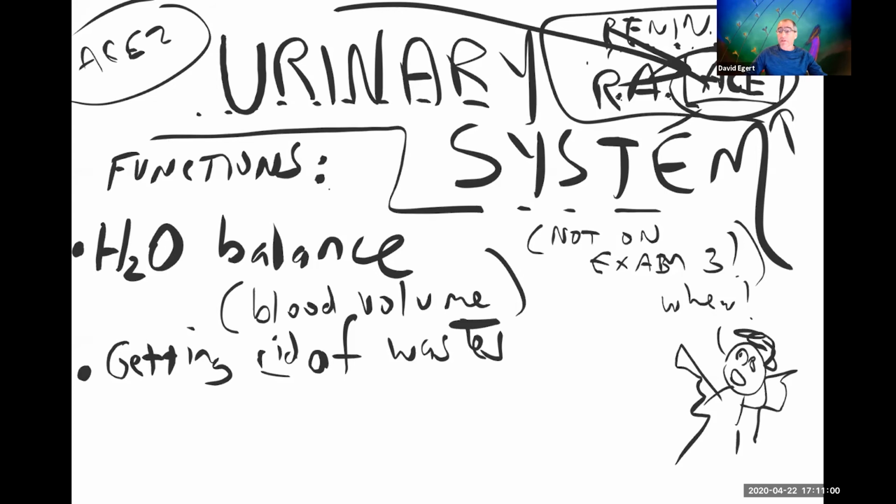So aldosterone, what did aldosterone do? We talked about aldosterone in the renin-angiotensin mechanism. What is it adjusting? Salt. So this is a big part of your electrolyte balance as well.